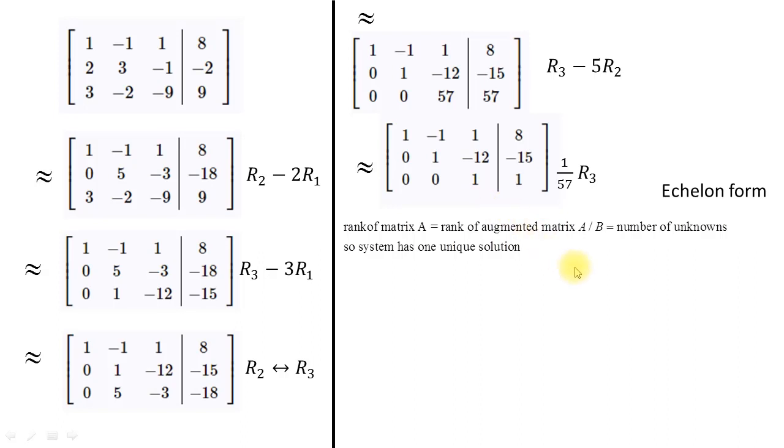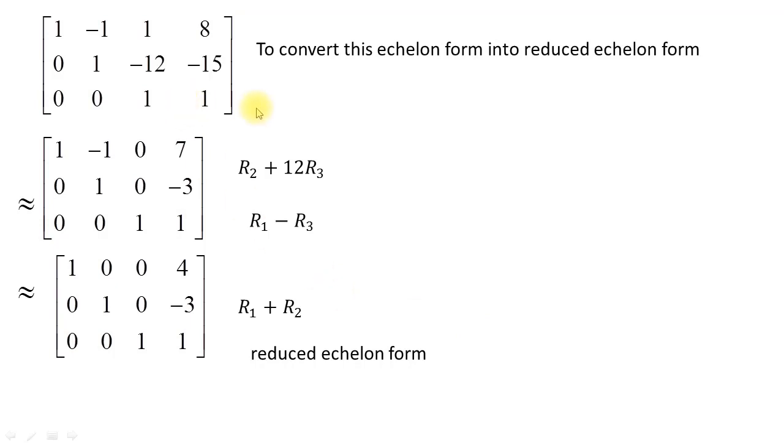But how to solve the system by the Gauss-Jordan method? Now convert this echelon form to reduced echelon form by some more row operations. In the reduced echelon form we obtain 1 on this diagonal, and here we need 0, 0 and 0.